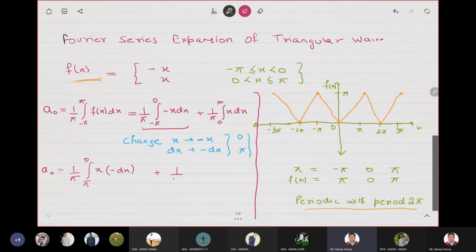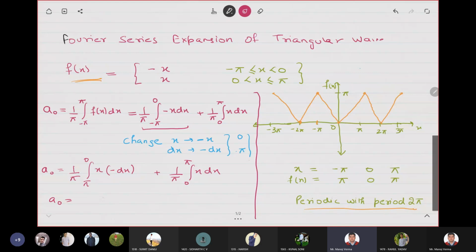Plus 1 over pi, from 0 to pi, x dx. The limits have been changed, and this function minus x is replaced with plus x, dx is replaced with minus dx.